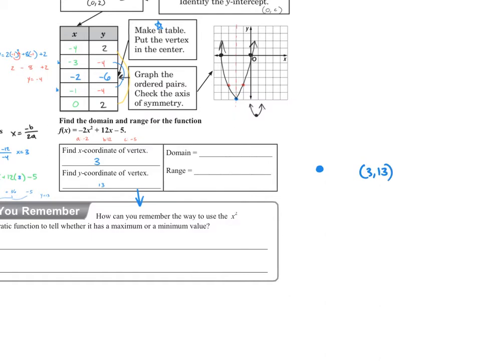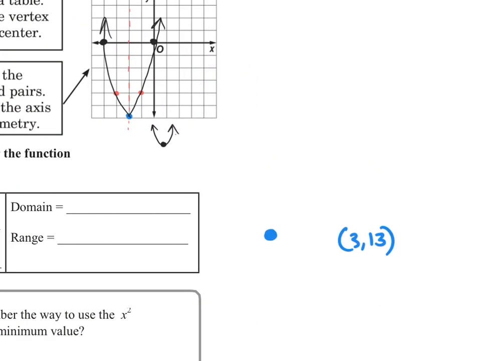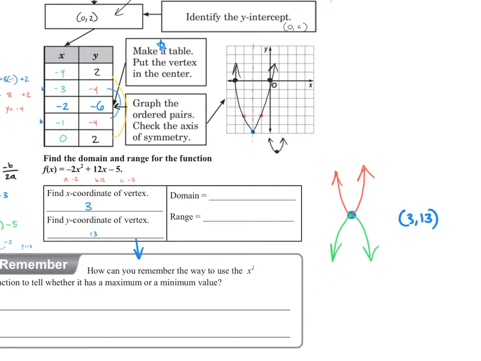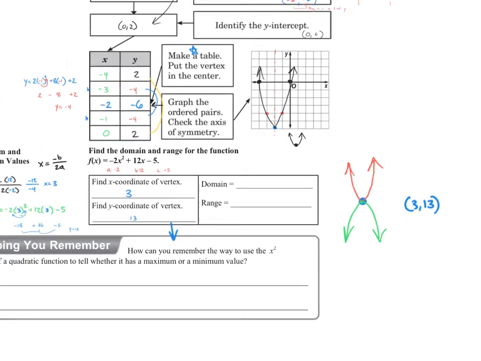But what I haven't taught you yet is, does this quadratic then open up? Or does the quadratic open down? Right? We don't know. And that's going to impact the next question of domain and range.